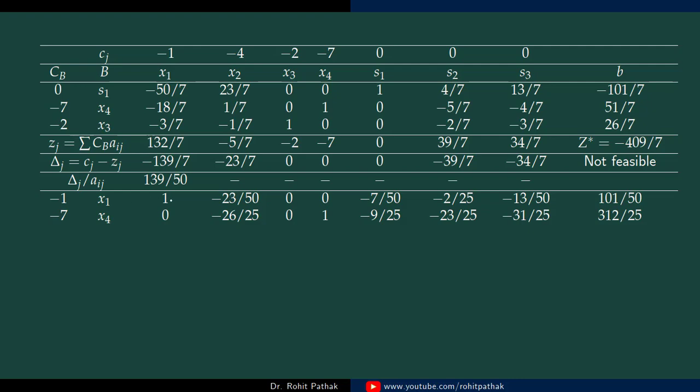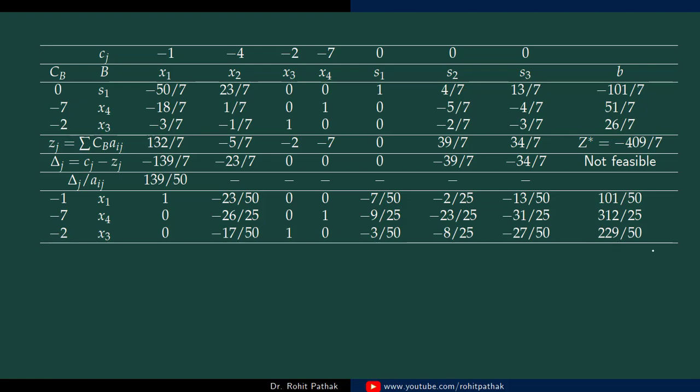So multiply this row by 3 by 7 and add it to the third row, so you get this modified row. Now we see that all the entries in this column B are positive.